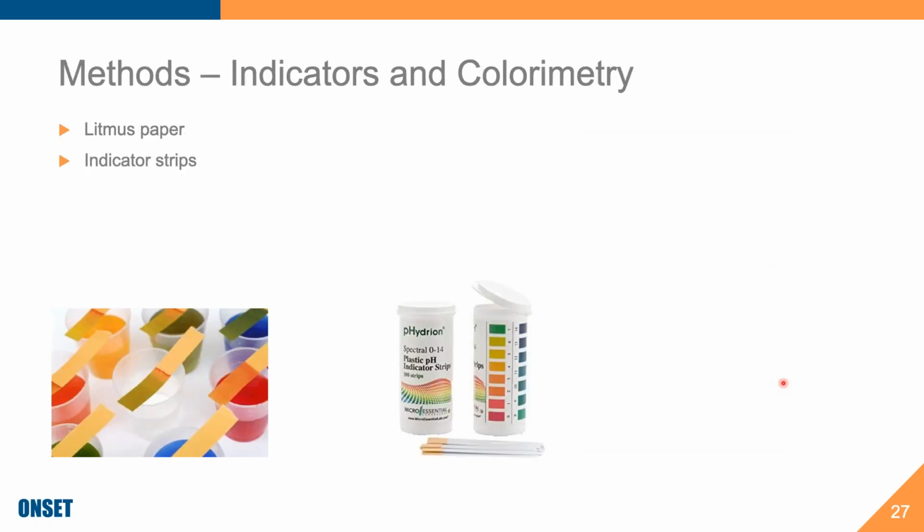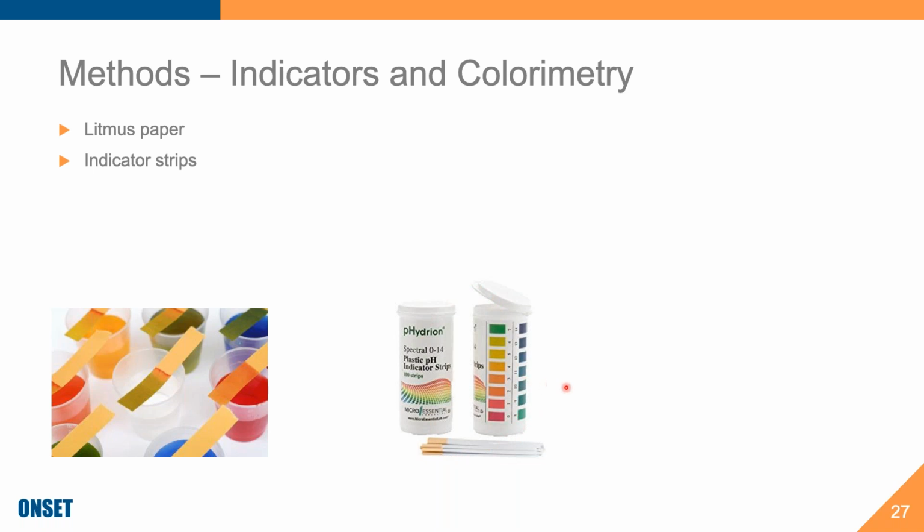So here I'm just going to briefly discuss, very briefly, what the other options are aside from potentiometry. Here I'm showing litmus paper and indicator strips. So here's your litmus paper, classic bench chem, a piece of paper that responds to an acid or a base by changing color. And then we also have plastic pH indicator strips. They are different. One changes color and it's very objective, I would say.